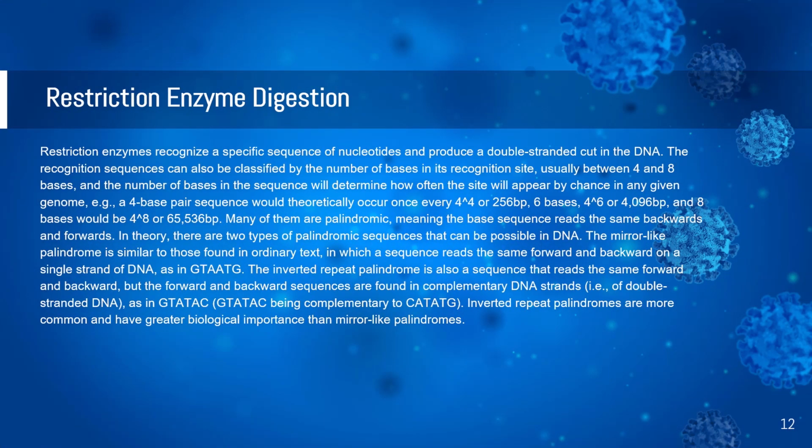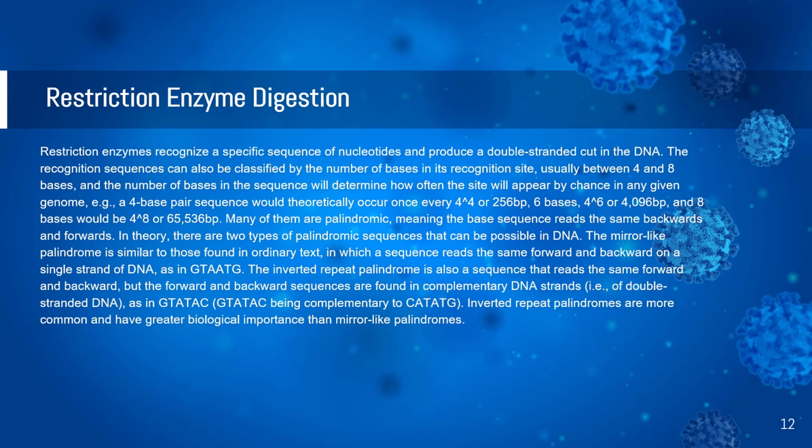Restriction enzyme digestion. Restriction enzymes recognize a specific sequence of nucleotides and produce a double-stranded cut in the DNA. The recognition sequences can also be classified by the number of bases in the recognition site, usually between 4 to 8 bases, and the number of bases in the sequence will determine how often the site will appear by chance in a given genome.